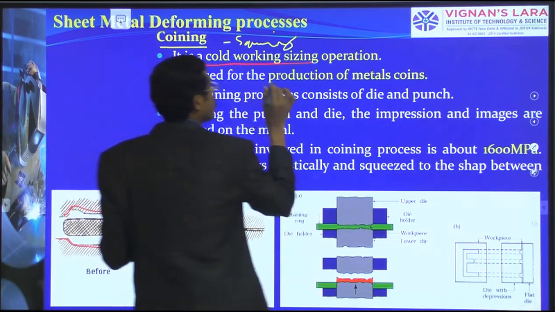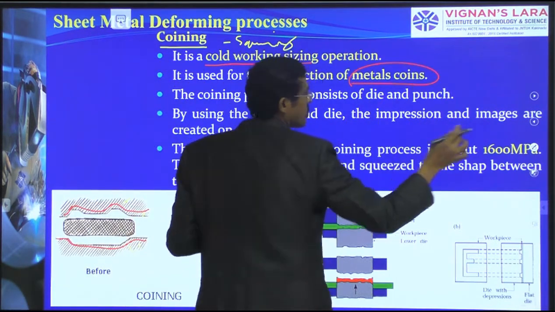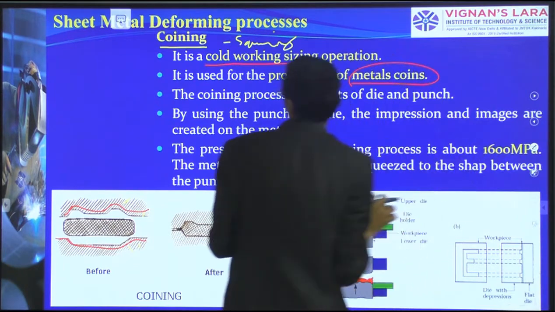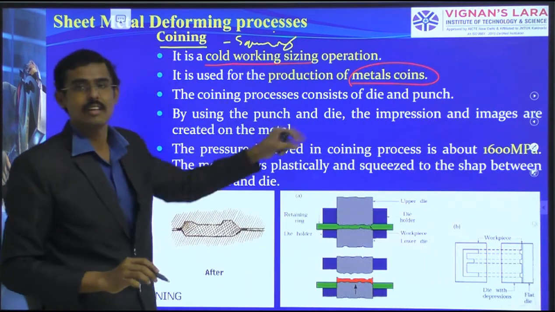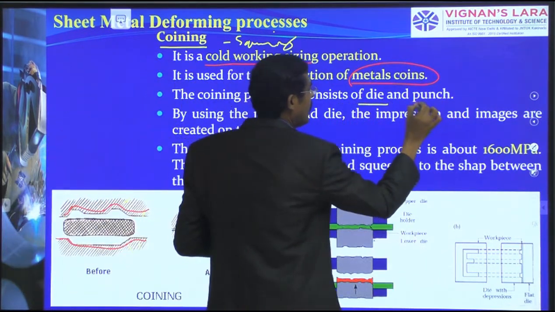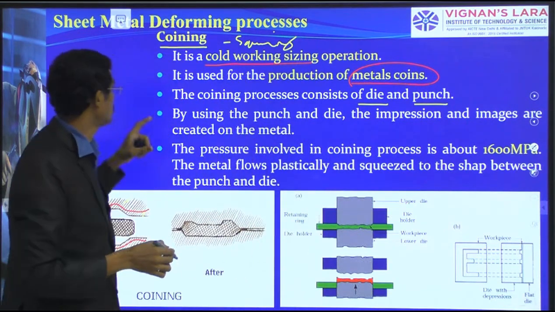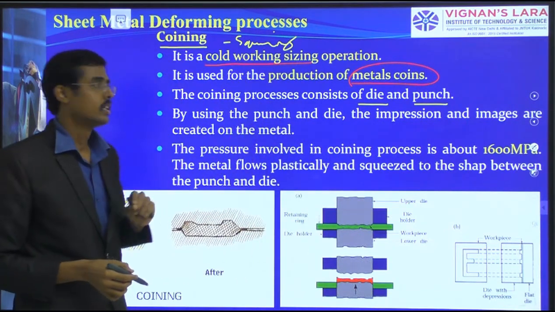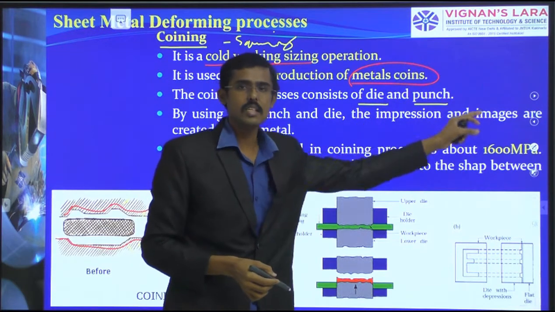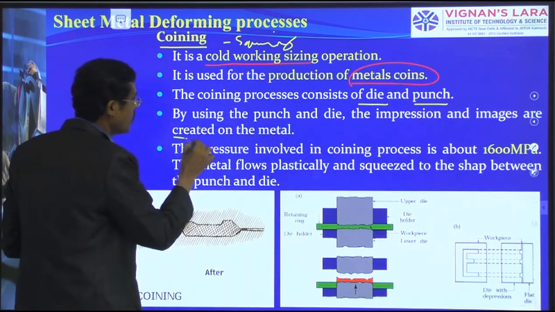It is used for the production of metal coins. Yes, it is used for creating metal coins. The coining process consists of a die and a punch. By using the punch and die, the impressions and images are created on the material.